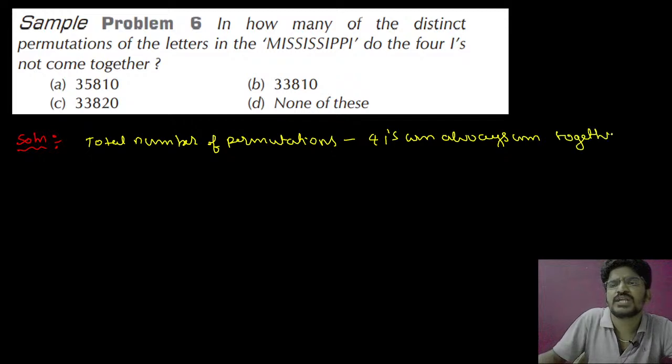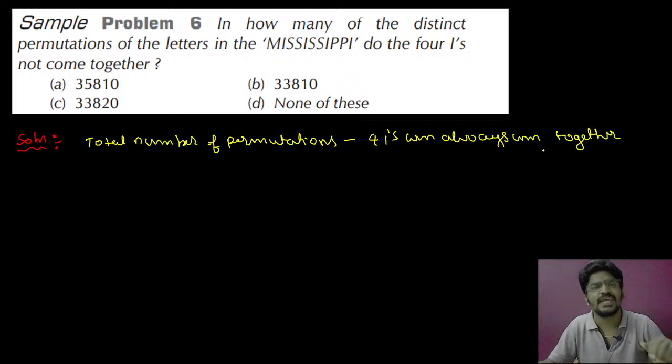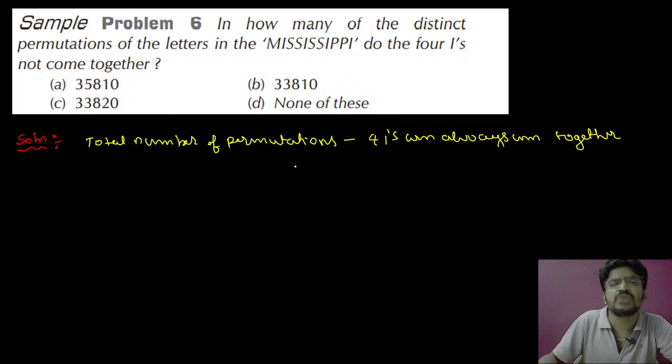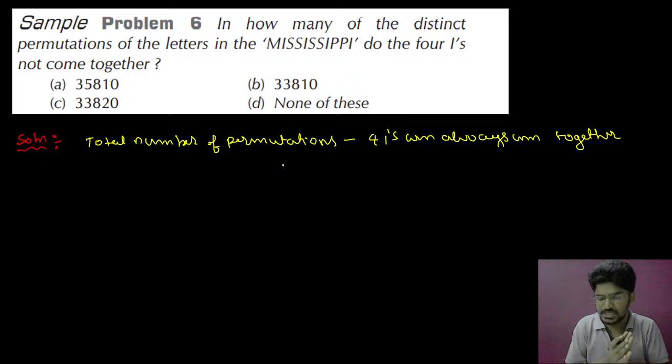We have to subtract this, so that we will get 4 I's never come together. So be careful. First we have to find the total number of permutations, and from that we subtract the cases where 4 I's always come together. That means we will get 4 I's never come together.